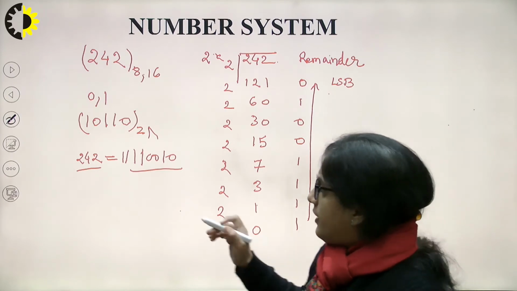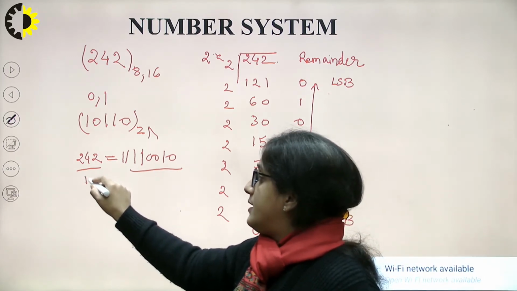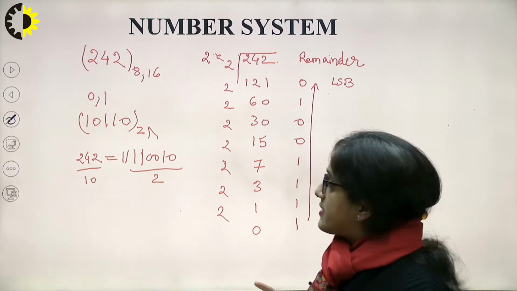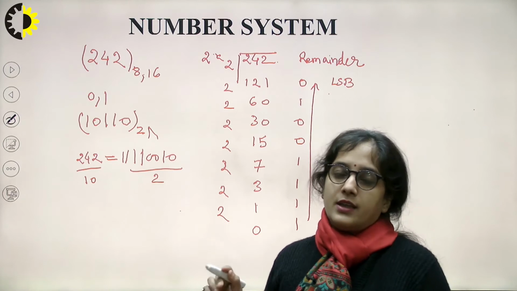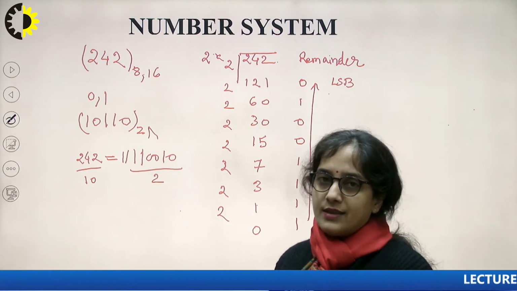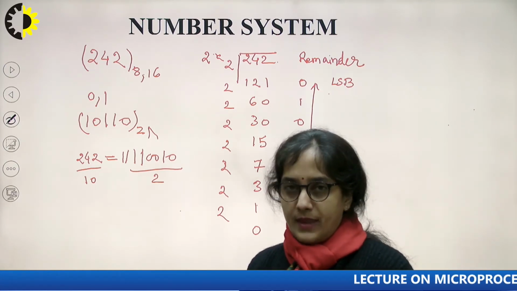Now, this is one number system, that is the base 10 number system. This is the base 2 number system. Now I have discussed the hexadecimal number system. So how will we convert it into a hexadecimal number? To convert this into a hexadecimal number, we will make groups of 4 bits.